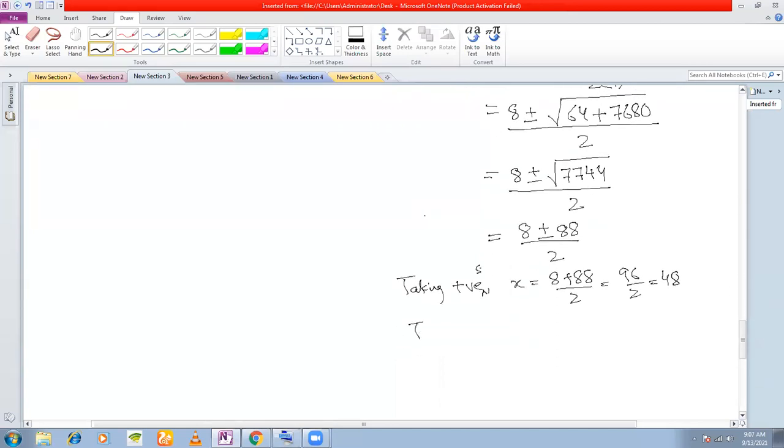Taking negative sign, we get x is equal to 8 minus 88 by 2, which is less than 0, negative, and is unacceptable.